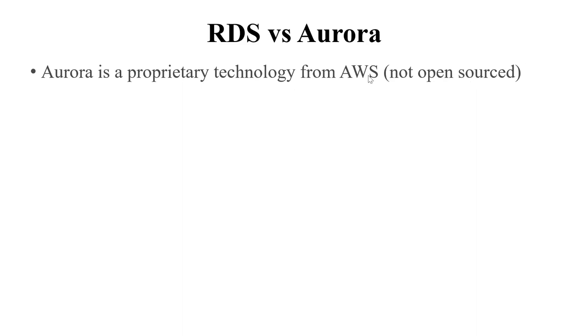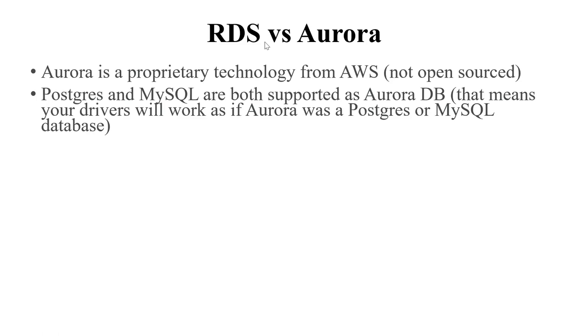It is a licensed version, proprietary from AWS. Aurora supports PostgreSQL and MySQL. Yesterday we launched a normal MySQL database instance, but we can use Aurora MySQL also. Both PostgreSQL and MySQL are supported as Aurora databases. That means your drivers will work as if Aurora was a PostgreSQL or MySQL database.